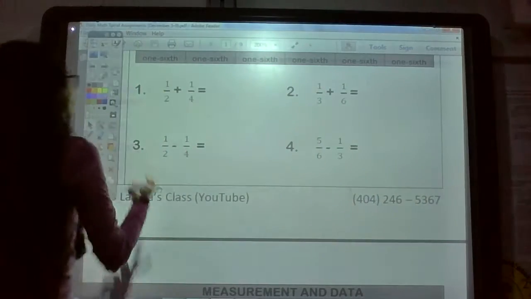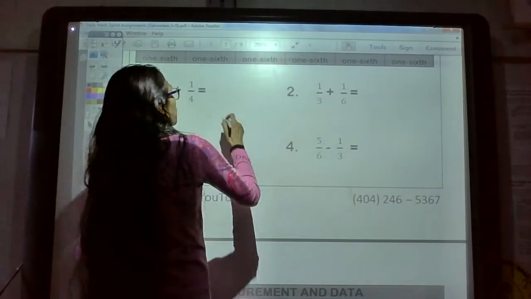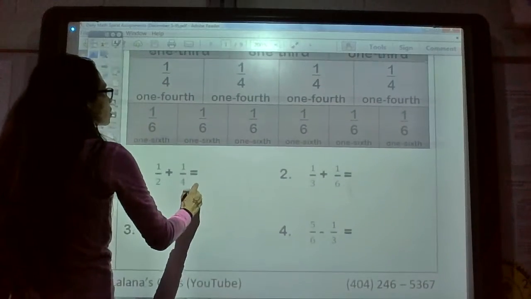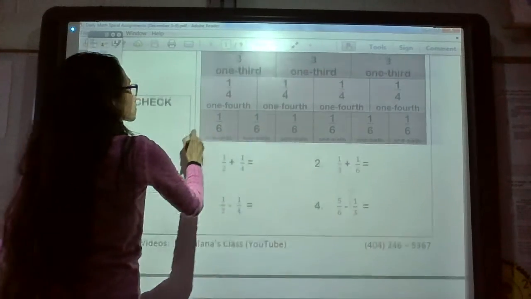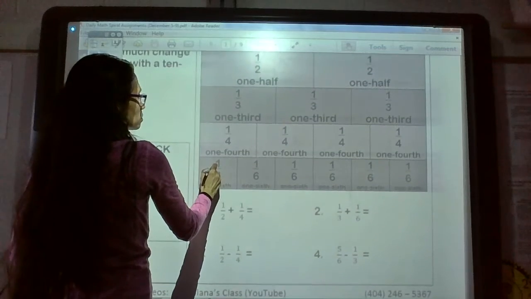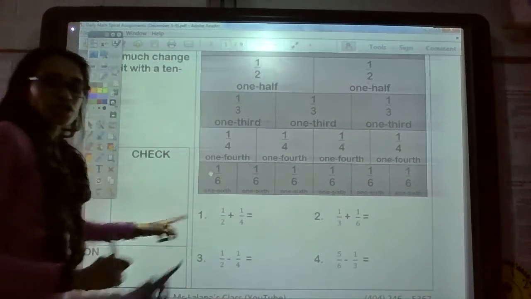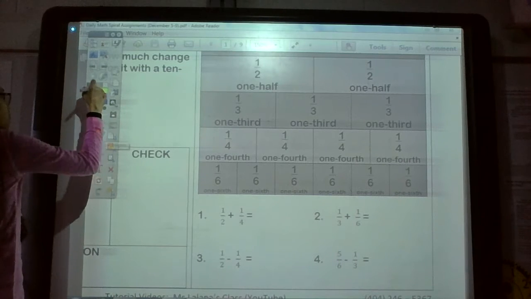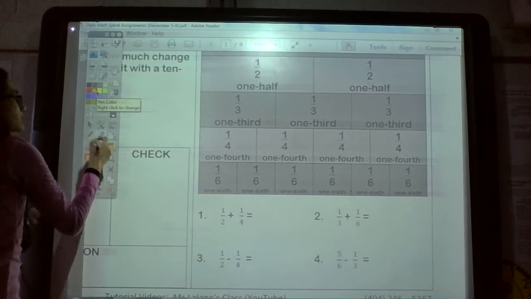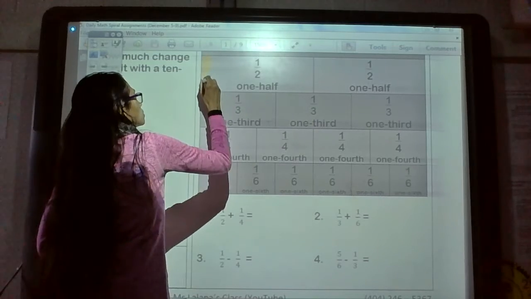So let's look at that first one. 1/2 plus 1/4. And I don't know if this is going to fit. I need to make it smaller. All right, right there. Do you see that? 1/2 and 1/4. Where is the 1/2? Right here is 1/2.